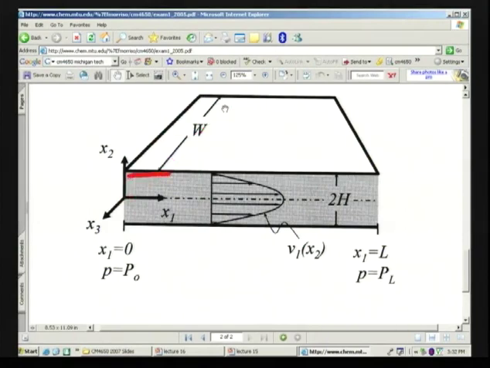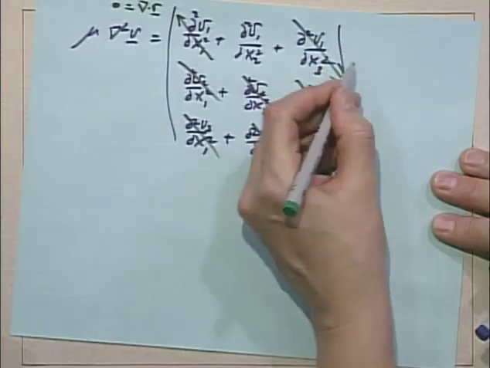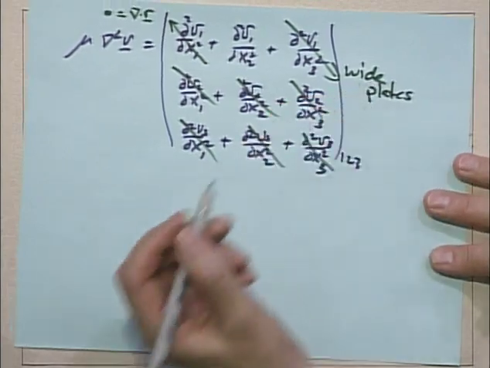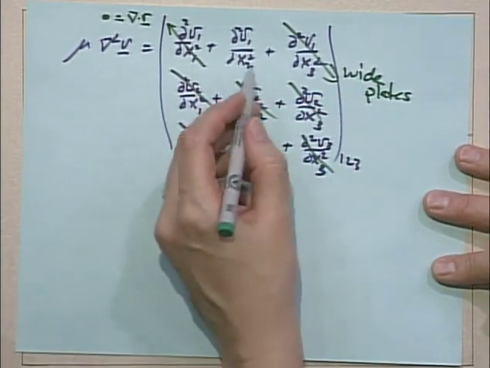And we're saying that in any cross section, whether I draw the cross section here, here, or in the back, I think the flow is going to be the same. It's going to look like this, or like this, or like this, in any position of x3. So it's not depending on x3. Wide plates. And so we have just this term.